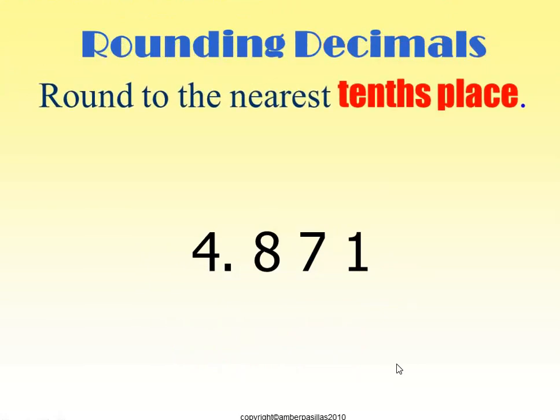Let's again take this example to round. They ask us to round to the nearest tenth place. You will ask yourself, where is the tenth place? Which digit here is in the tenth place? It's 8.